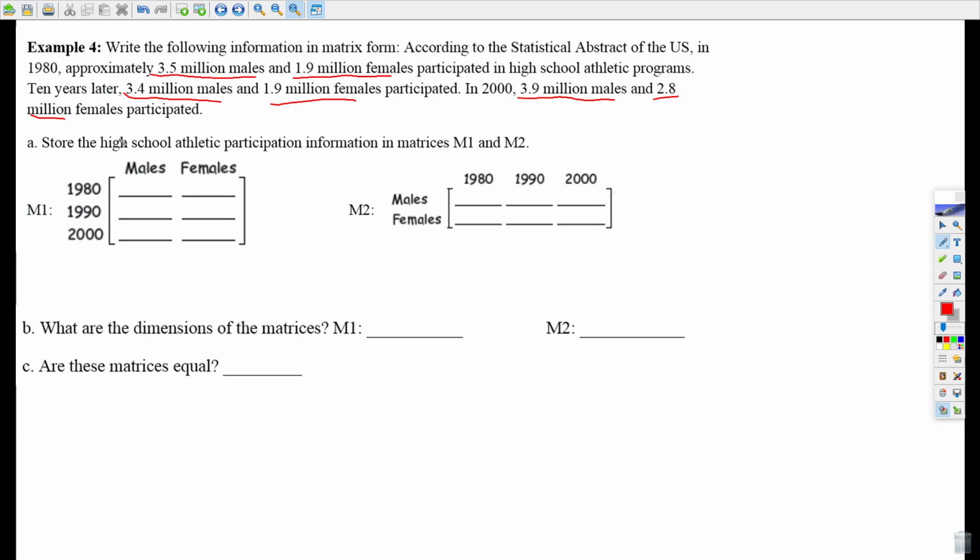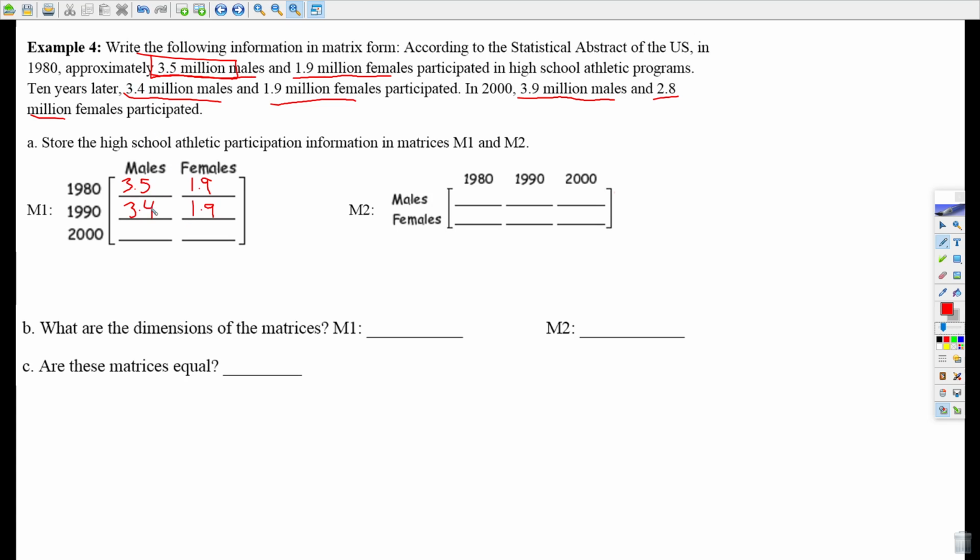So here's M1. We just have to match up the information. In 1980, how many males were there? Just go back up to the paragraph. We have 3.5 million, so I'm going to put in the decimals here, 3.5. And you can just keep going. 1.9 million females in 1980 as well, so 1.9. The next sentence says 10 years later, so 1990, we have 3.4 million males and 1.9 million females again.